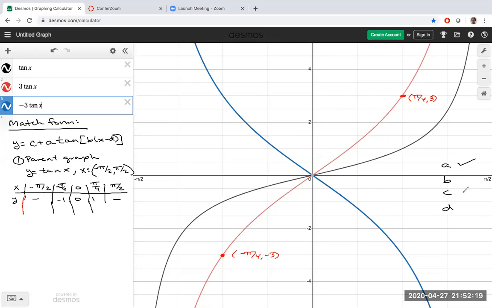I want to look at C next, because remember, C also influences your Y values.